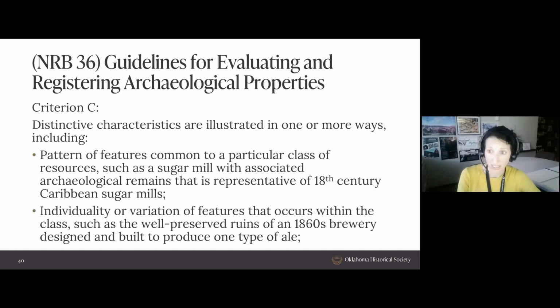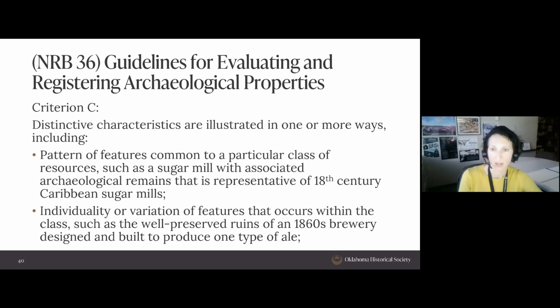Under criterion C, distinctive characteristics can be illustrated in one or more ways. They can be illustrated in a pattern of features that's common to a particular class of resources, such as a sugar mill with associated archaeological remains representing 18th century Caribbean sugar mills, or individuality or variation of features that occurs within a class.